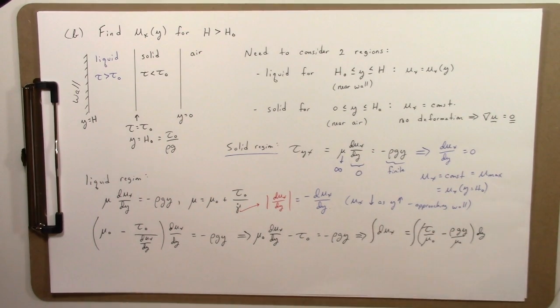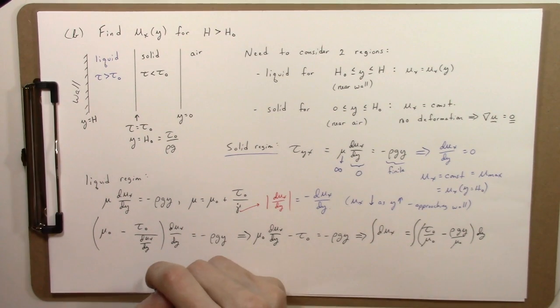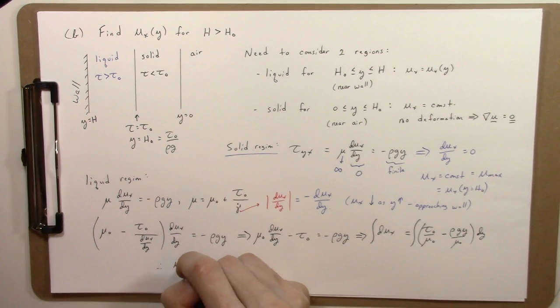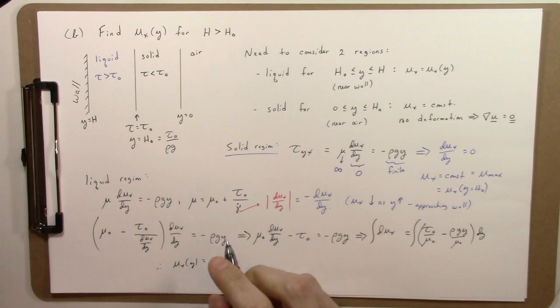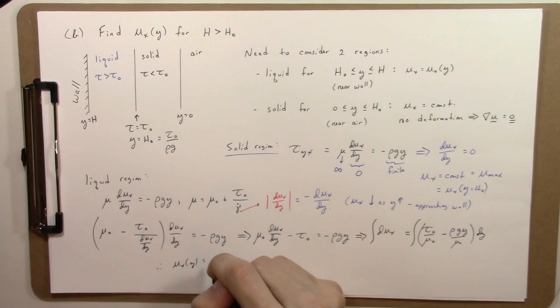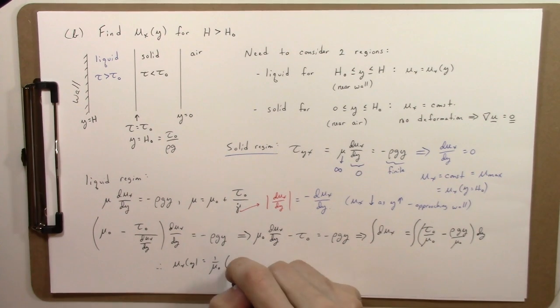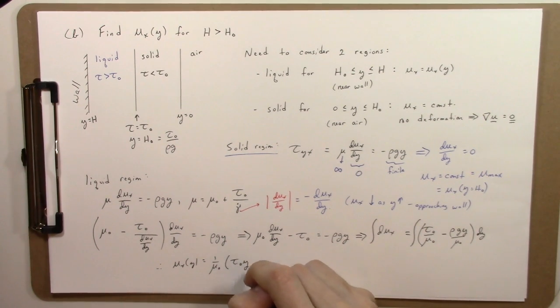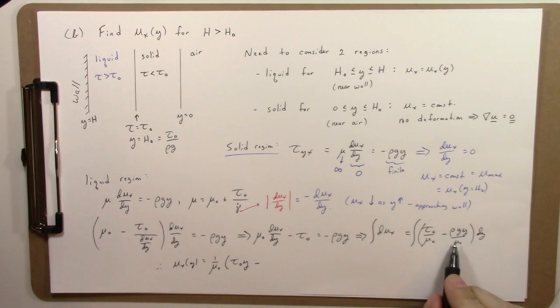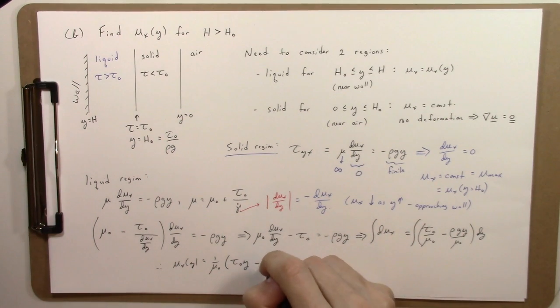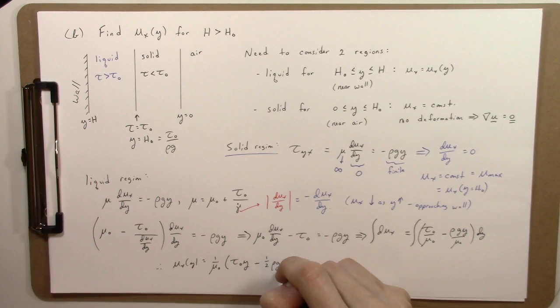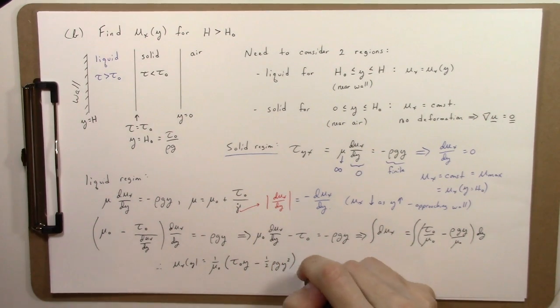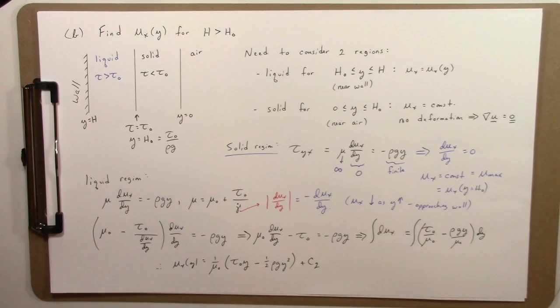Integrate both sides, and we find that ux of y is equal to 1 over mu naught. We'll just pull that outside. Integral of tau naught dy is tau naught y, minus the integral of y dy, which is 1/2 rho g y squared, plus a constant of integration, we'll call that C2.